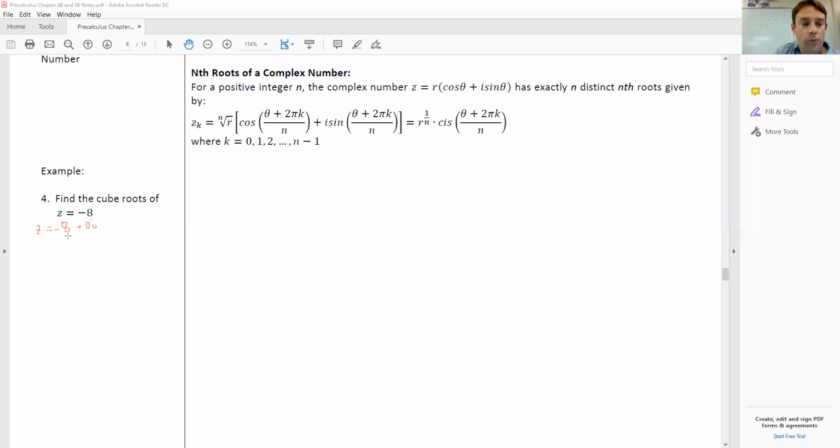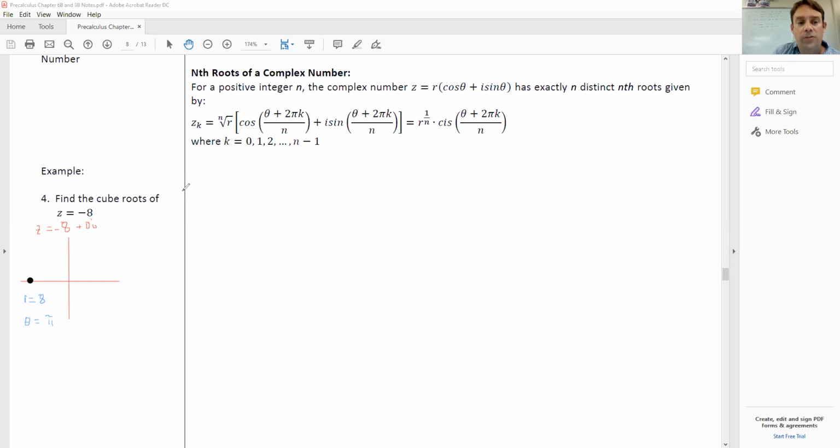We're going to graph it real quickly, so we know exactly where this thing falls before we actually go through and do it. So -8 plus 0i, that'll be right here. And if it's over there, that means r is going to be 8, because it's 8 units away from the origin. And the argument, well, that'd be at pi, or 180 degrees.